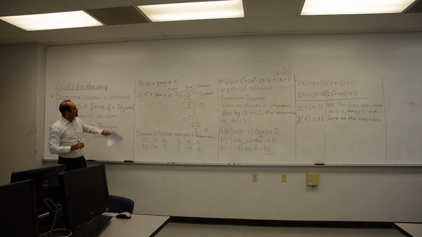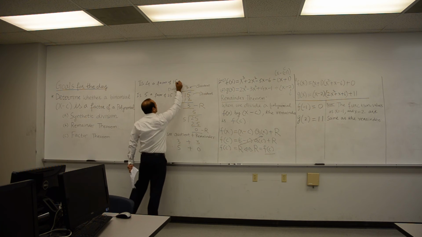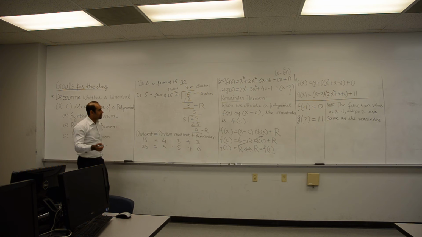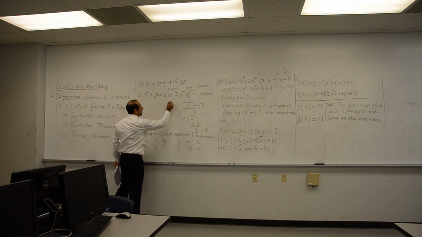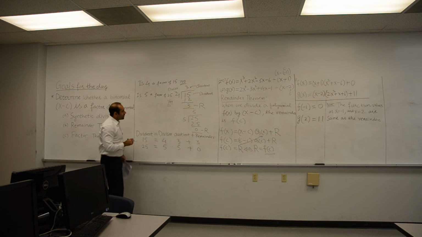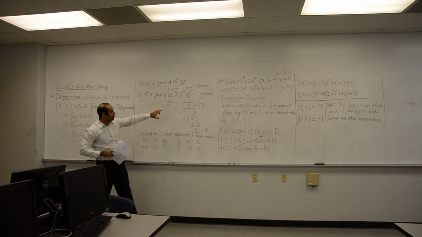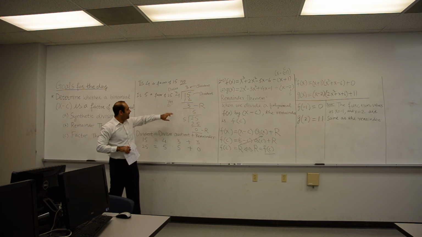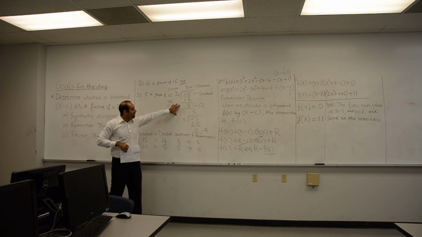Well, the answer for the first one is certainly no, it's not a factor. And the answer for the other one is yes, 5 is a factor of 25. Now here I want you to carefully look at the remainders. In the first one, the remainder is 3, right?